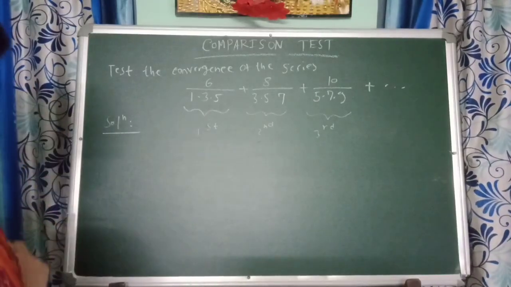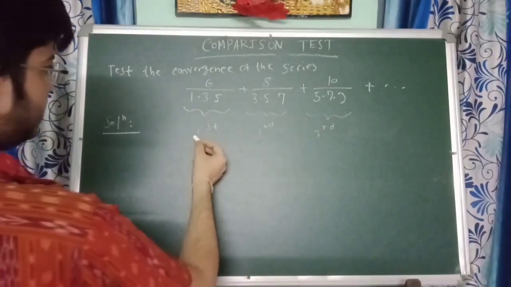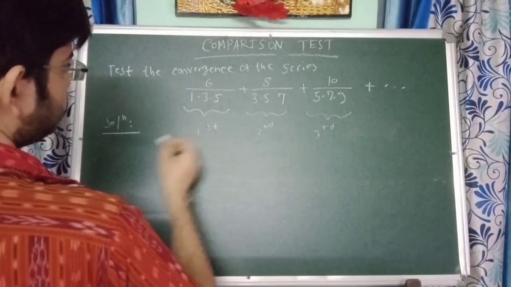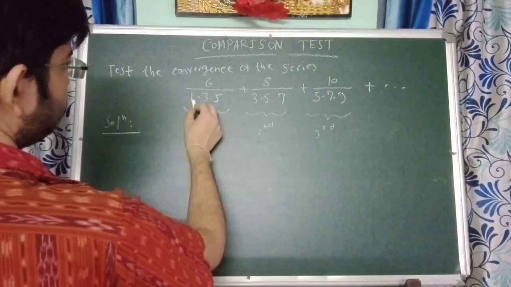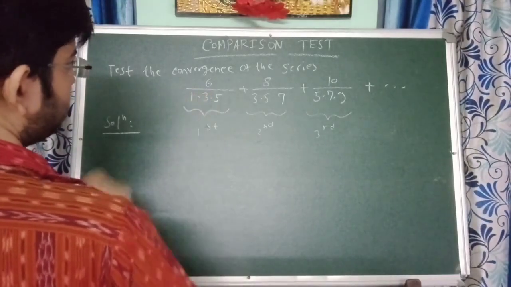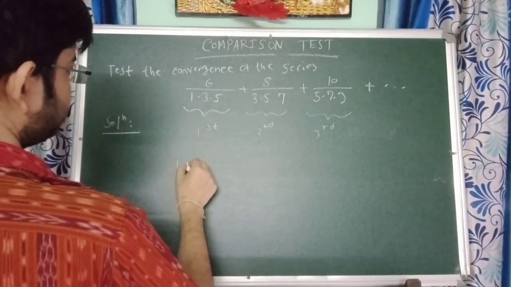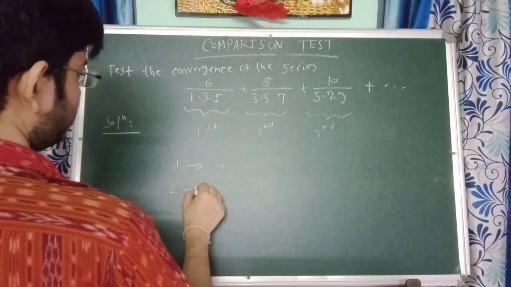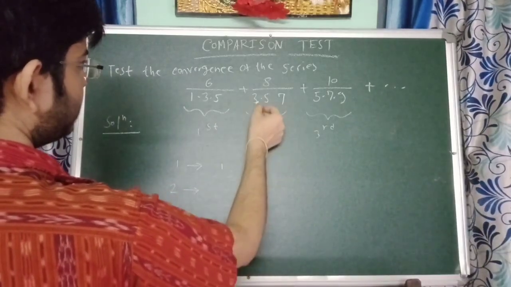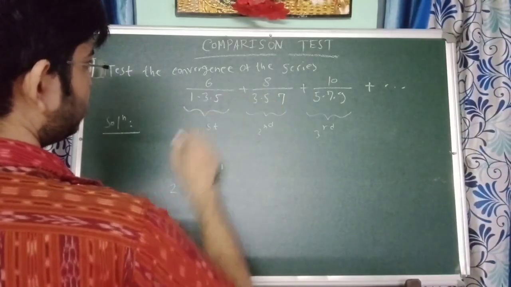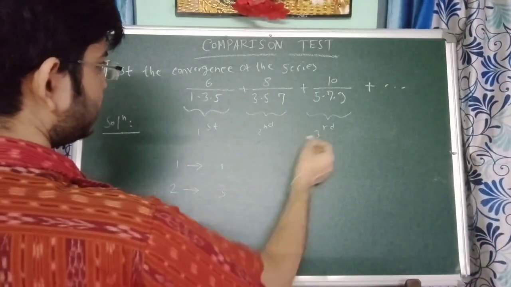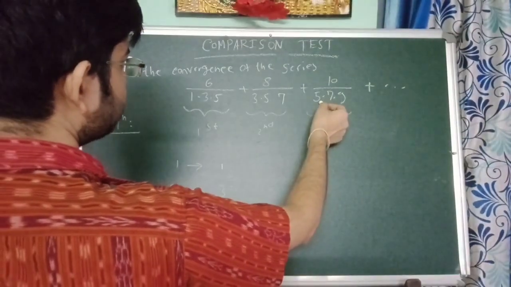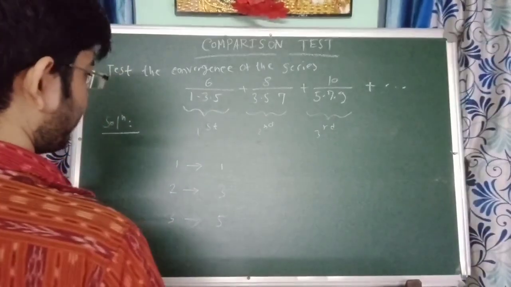Here we easily see that in the first term, the number in the denominator part starts from 1, in the second term the number in the denominator starts from 3, and in the third term the denominator starts from 5.